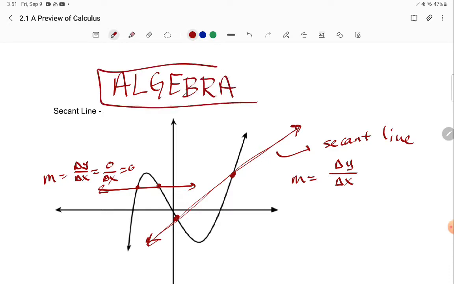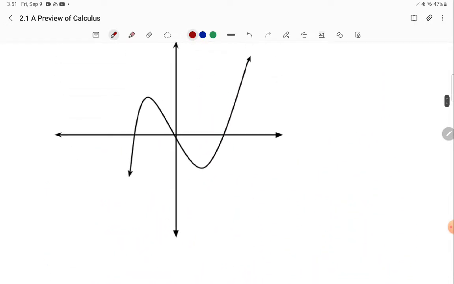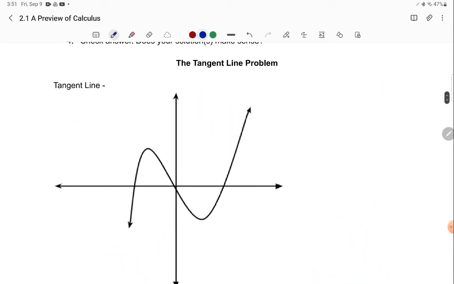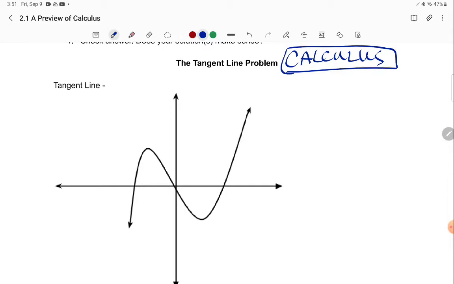You learn to do that in algebra, finding the slope between 2 points, finding the equation y equals mx plus b, and so forth. Okay, that's algebra. Now up here, with the tangent line, this is more along the lines of calculus, and these are some things that we're going to be doing this year. So for the secant line, we found the slope between 2 points.